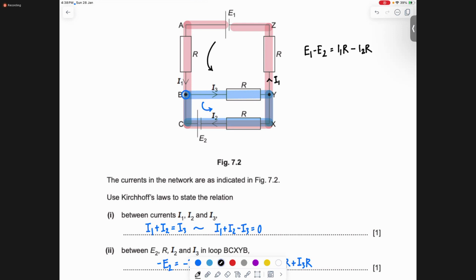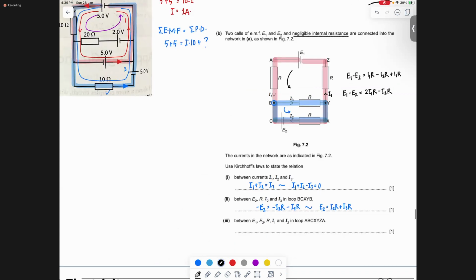Yeah, that's I1 actually. So plus or minus? Plus I1 R. So eventually E1 minus E2 equals 2 I1 R minus I2 R. And that is what your questions are.